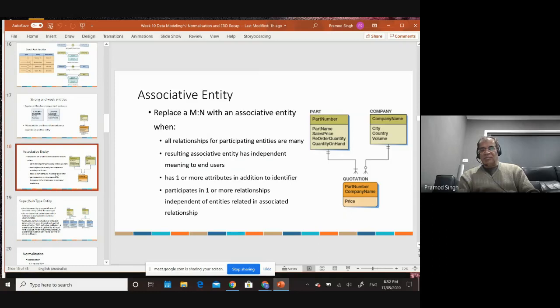Both of these primary keys of part and company work as foreign keys, but at the same time, the combination of those foreign keys becomes the primary key of the quotation. That's the associative entity. That's how the relationship between these two entities, part and company, gets defined.